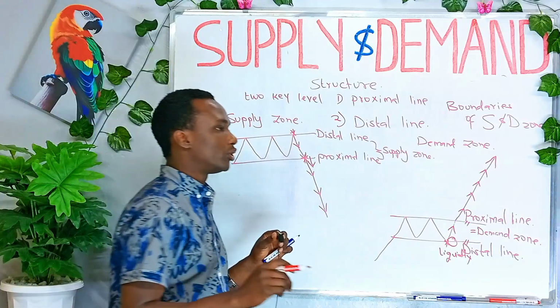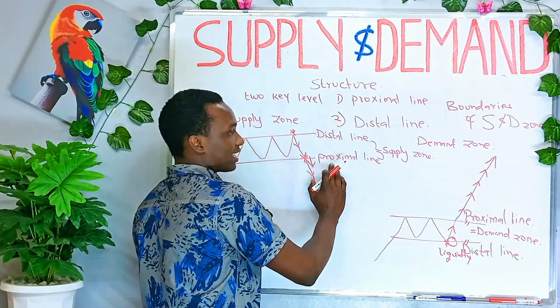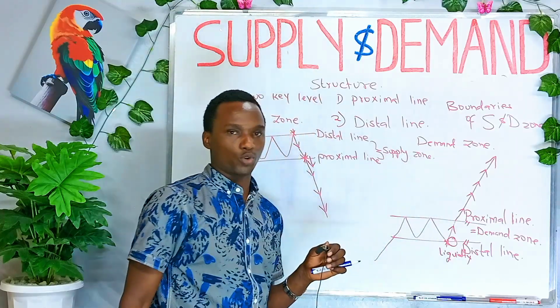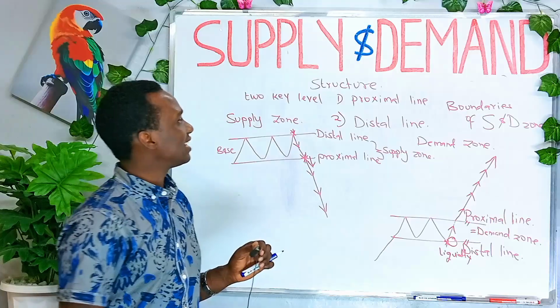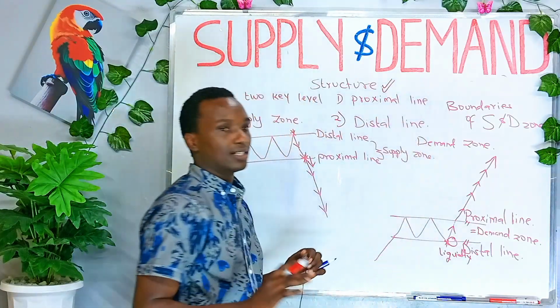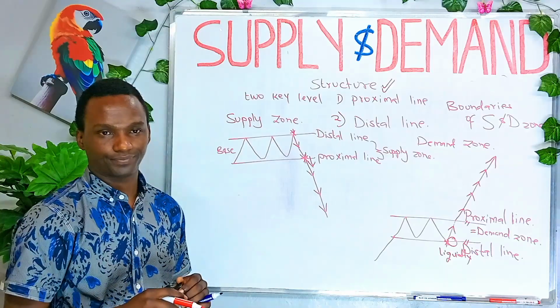All right, good. So the distance between the distal line and the proximal line in this case will form a supply zone. Okay, this is all about the structure of your supply and demand zones.